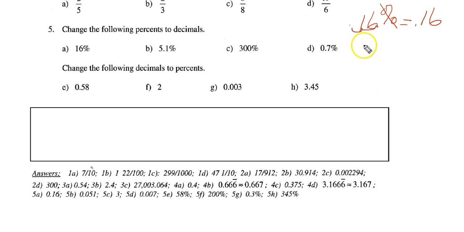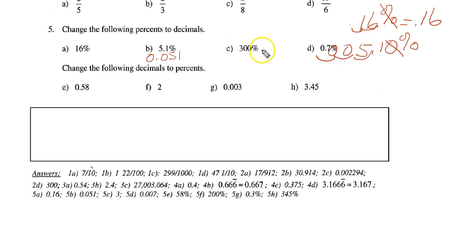So again, let's do this one. 5.1%, and I can add a 0. So again, I'm going to move the decimal place over 2 places. So this one becomes 0.051, and I didn't need that 0 there.